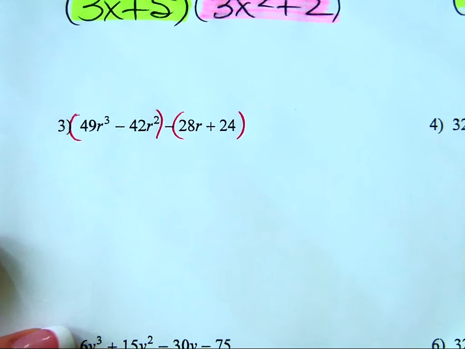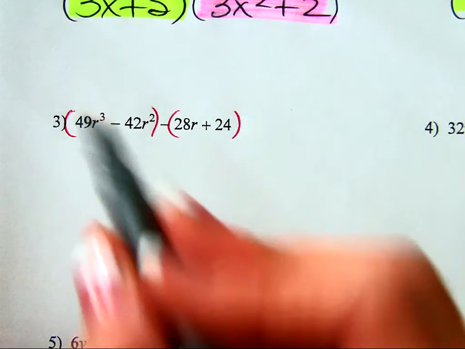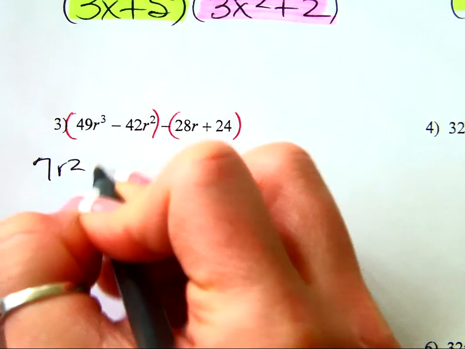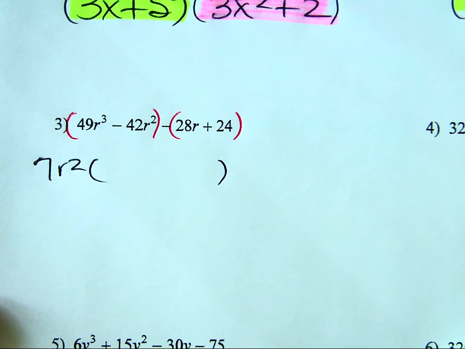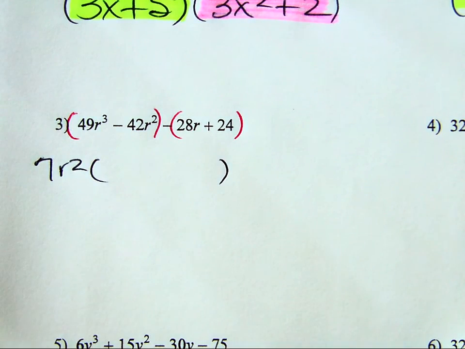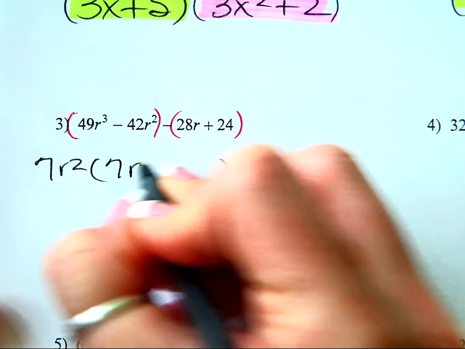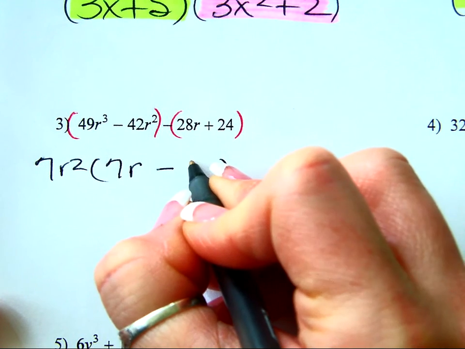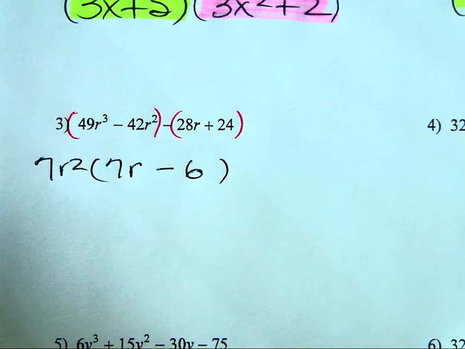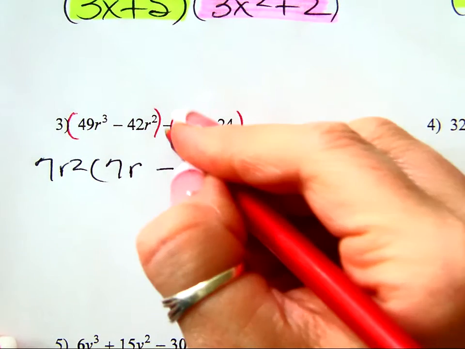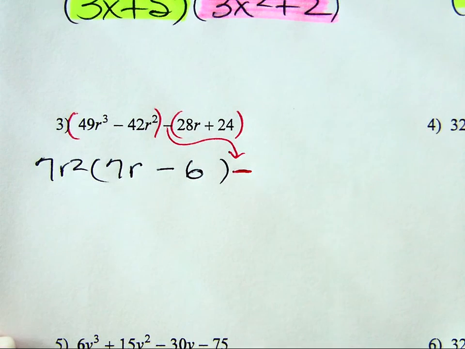It's a 7r squared, right? So what's left in there? A 7r minus 6. Okay, remember what I said. Whatever sign's in the middle just comes right down.